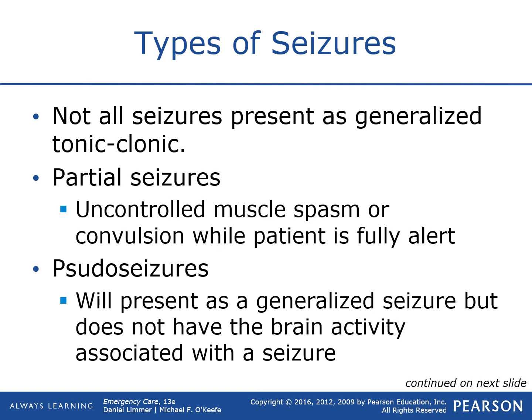These are patients that present as a generalized seizure, but it's been proven over and over again that they do not have the irregular brain activity associated with an actual seizure. These are patients who are having psychosomatic seizures, so that's being generated by their consciousness. They essentially are faking their seizure.